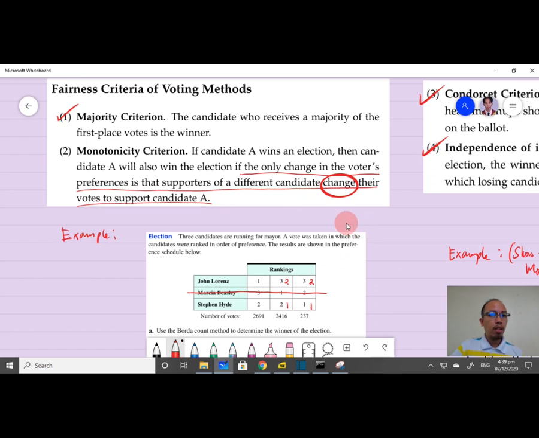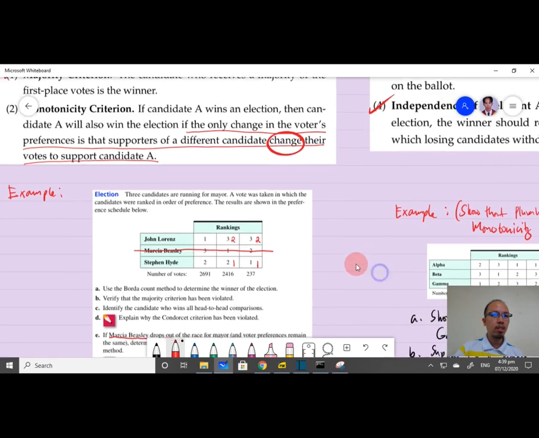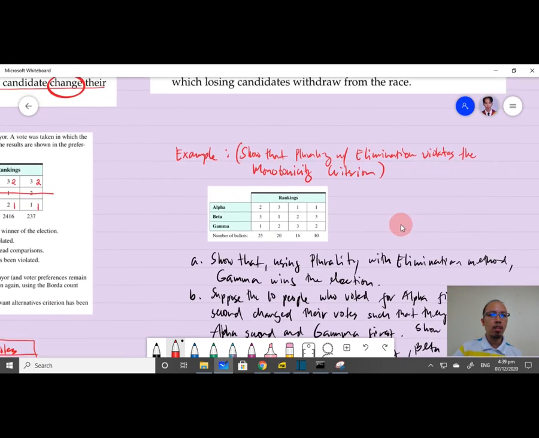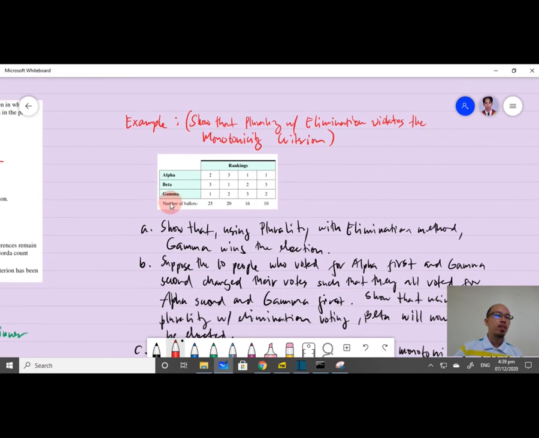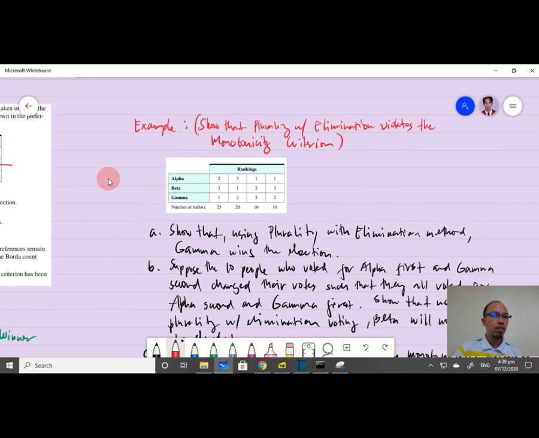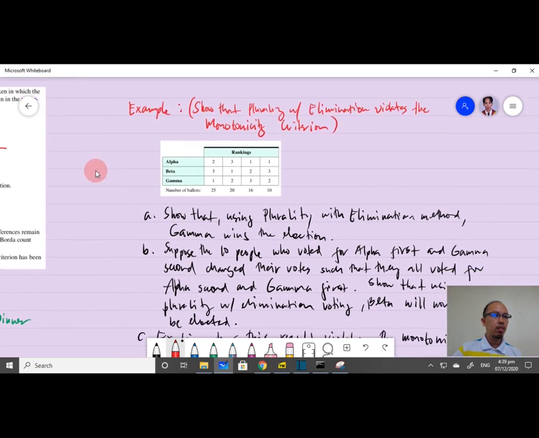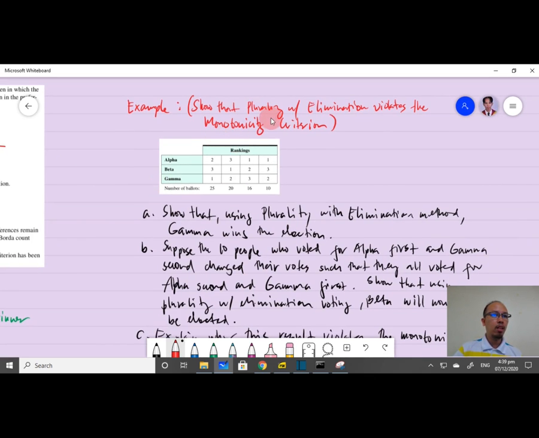Let's have an example here. Maybe we have to wait for the program to respond. Okay, I have here an example to illustrate the monotonicity criterion. Okay, so it depends upon the given. Here, show that using plurality with elimination violates the monotonicity criterion.